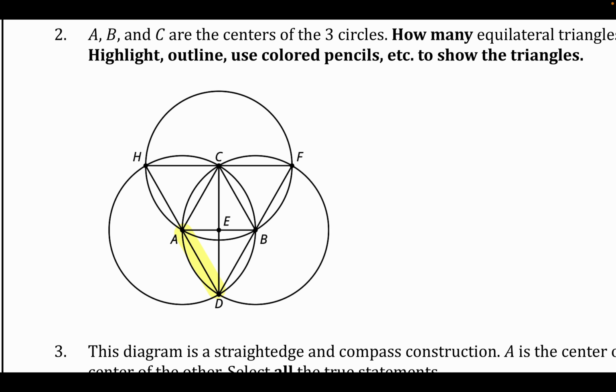We're going to use a triangle built off of this. So AD to DB and AB, those are all, for the same reasons, radii of congruent circles. So I have highlighted down here a yellow triangle.